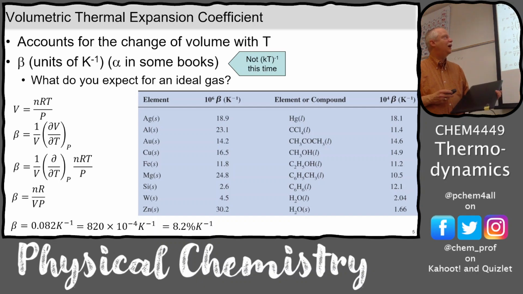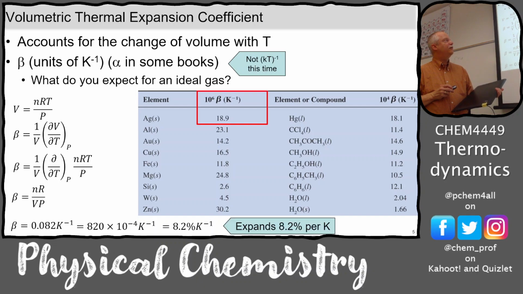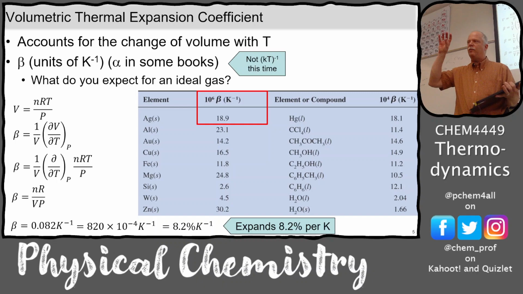First of all, let's figure out how to read this table because it has a 10 to the 6th beta up here. And I'm not sure if you can figure out that very easily. So that has a number of 18.9. And here we're at 0.082, how does that compare to 18.9? Well, we need to take into account this table label. And so in any table, what you've got is the label of the table is equal to the number.